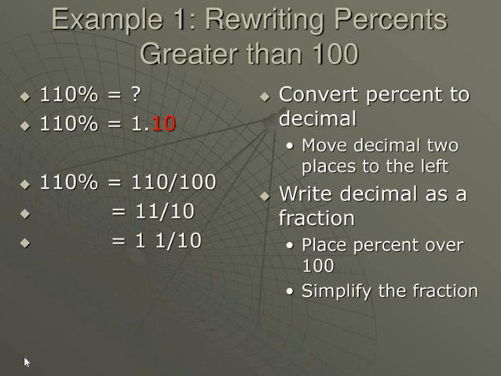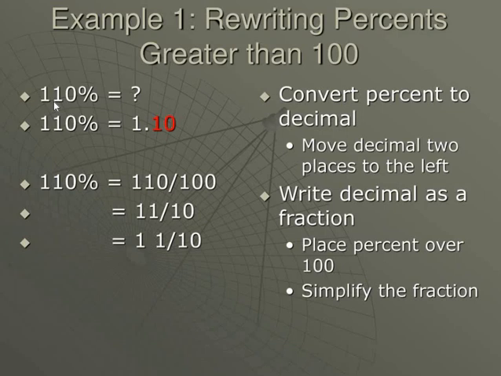First, to write it as a decimal, I just have to move the invisible decimal point, which is at the far right, to the left 2 digits. Then I remove the percent symbol.